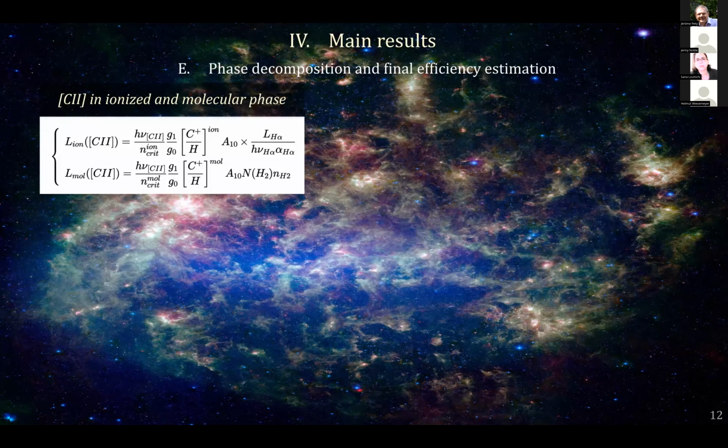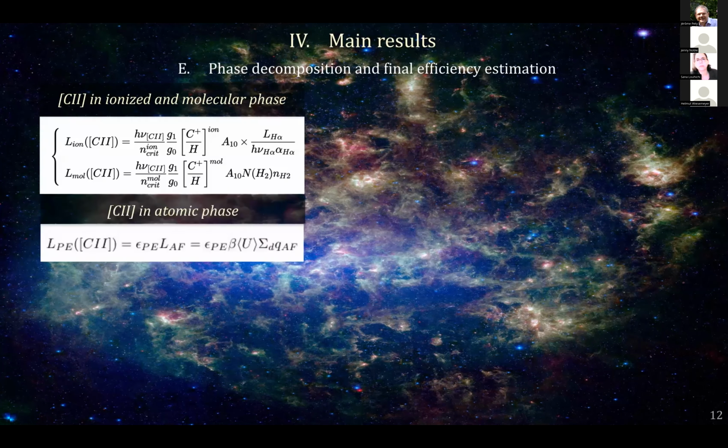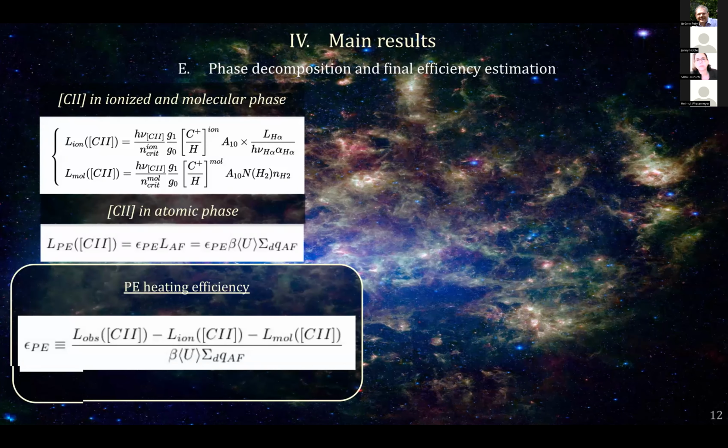So we also suppose that in the atomic phase, all the C+ we see is linked to the photoelectric effect. So we can define the epsilon PE, as an efficiency for the photoelectric heating, and plot the same plot as before.